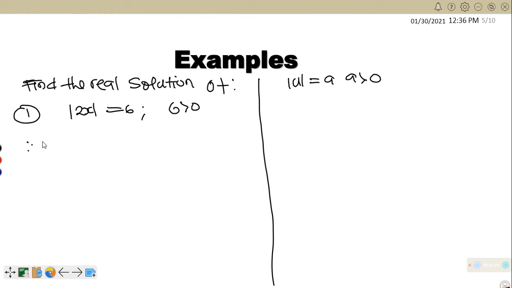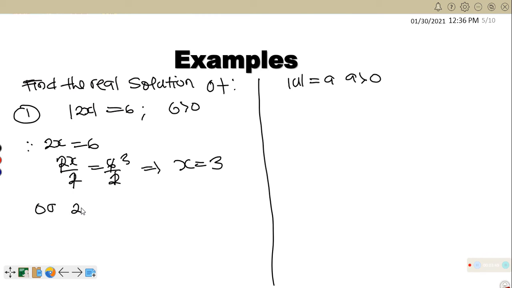We then say therefore 2x equals 6. Dividing both sides by 2, we have 2x over 2 equals 6 over 2, so that gives us 3. So x equals 3. Or we take the other side, 2x equals minus 6.